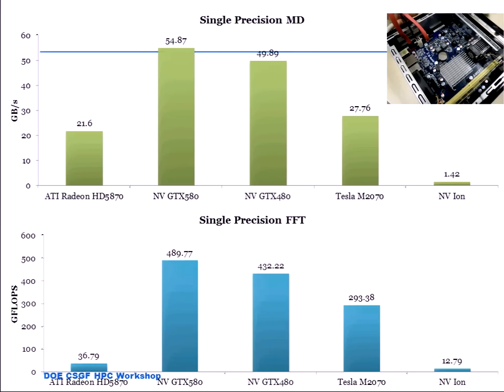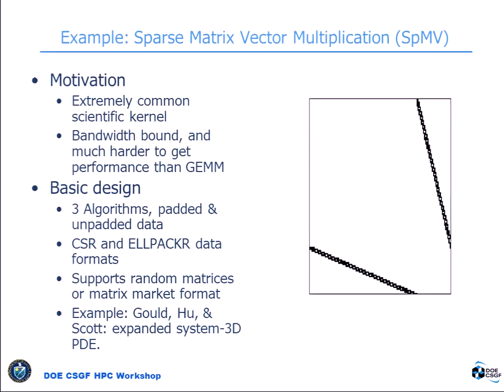Then if you look at the GTX 480, which is a gaming system that doesn't have error correction, as well as the 580, you see very impressive performance on those. And then the ATI Radeon, we're also running, and that's an OpenCL capable system. We're getting decent performance on that as well. You can't run CUDA on an ATI system, and you can't run CUDA on an Intel system. So this is important in its own right.